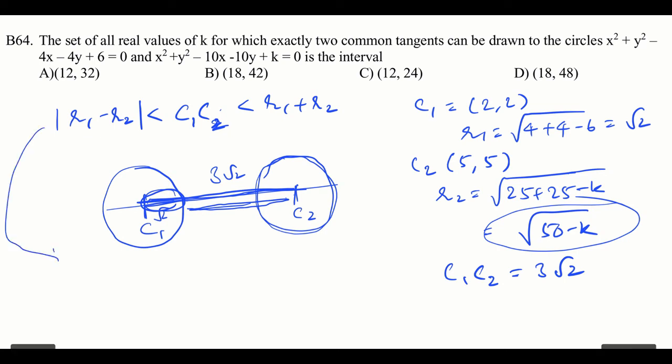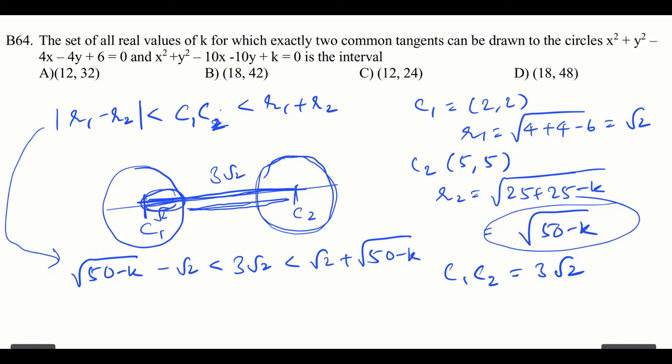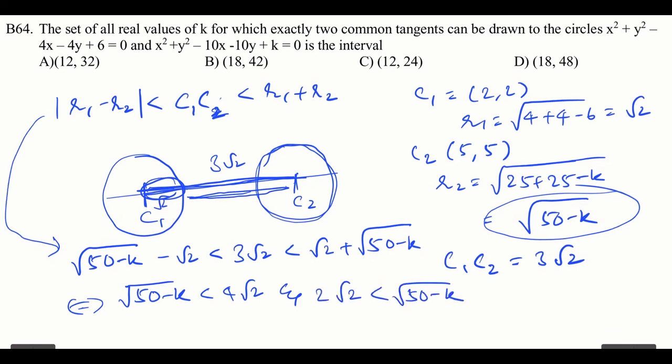Now substituting in this relation, I have root 50 minus k minus root 2 is less than C1C2, which is less than root 2 plus root 50 minus k. From this I get root 50 minus k is less than 4 root 2 and 2 root 2 is less than root 50 minus k.